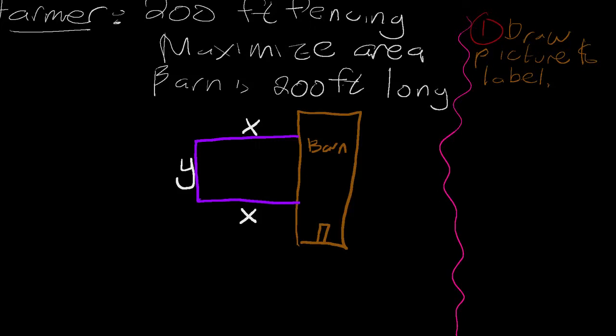The second step is a very important step. You need to find a formula for the quantity, whatever it is that you're trying to maximize. That's what you want to find your formula for: a formula for what is being optimized.